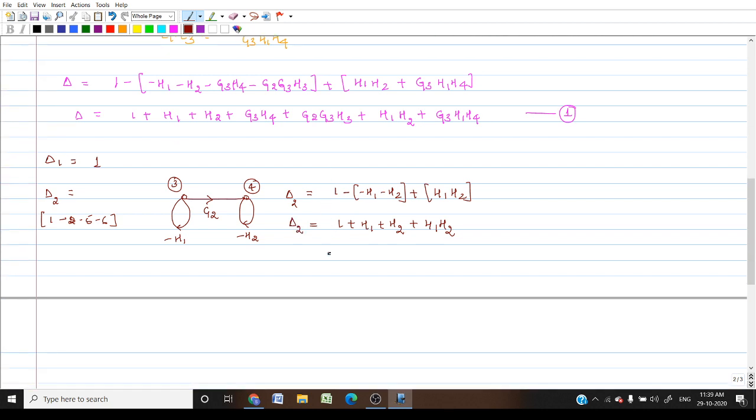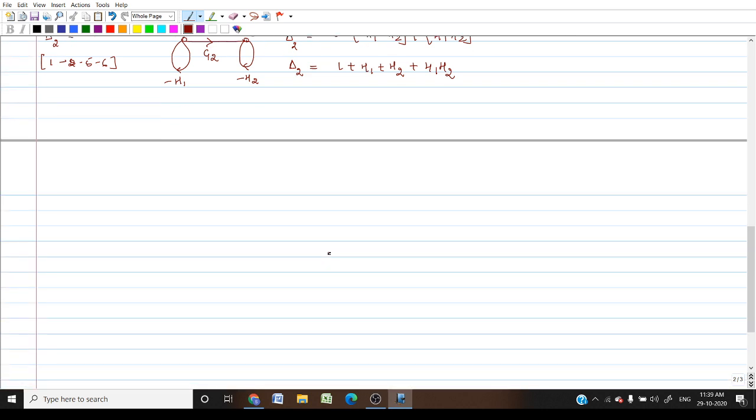So with this, my transfer function is equal to G1 delta 1 plus G2 delta 2 divided by delta.